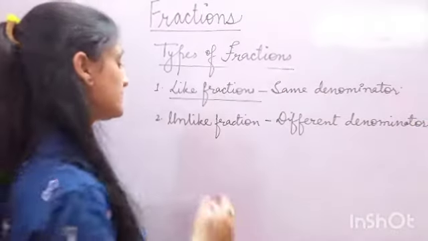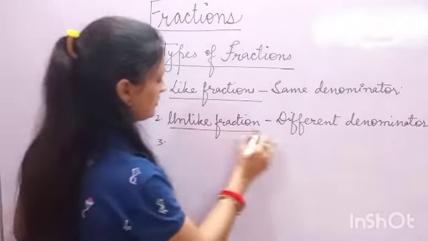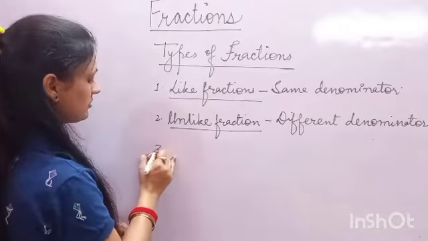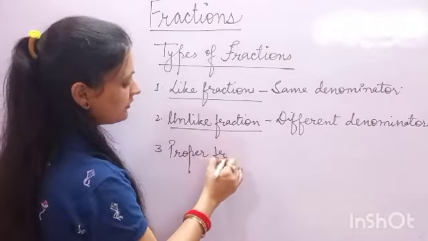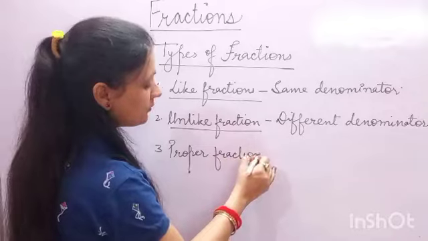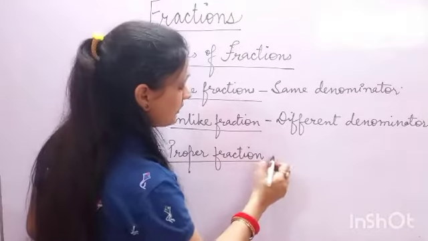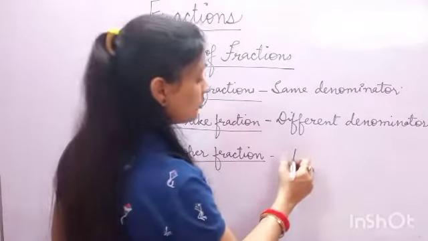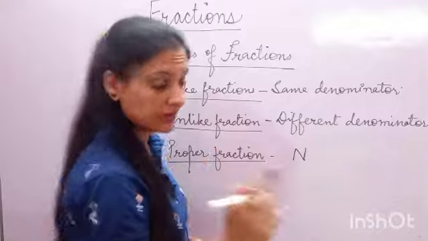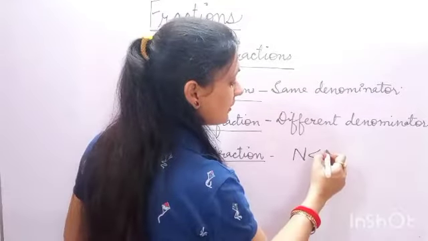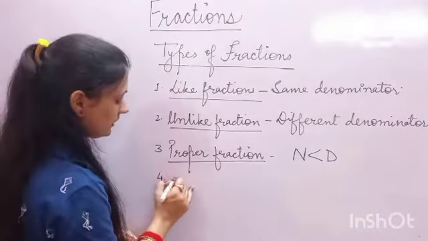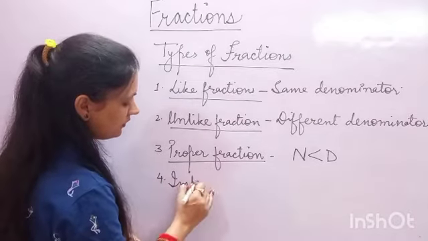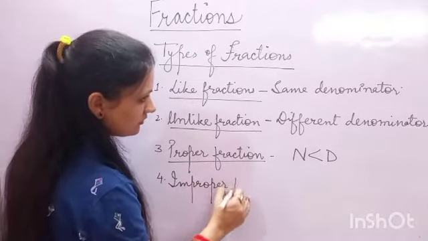Okay. Next is proper fraction. What is a proper fraction? Proper fraction is one in which the numerator is smaller than the denominator. Okay. And then improper fraction.